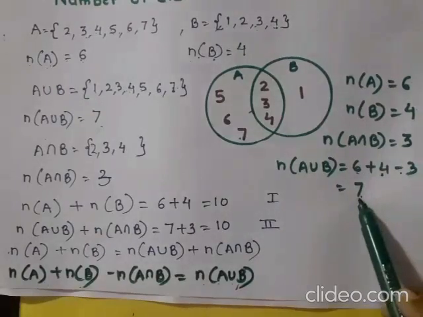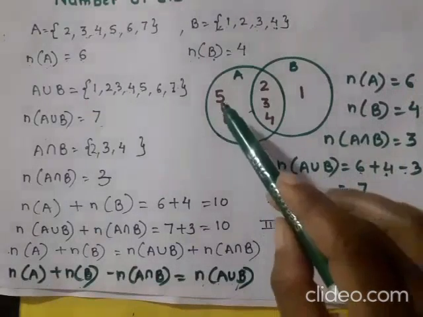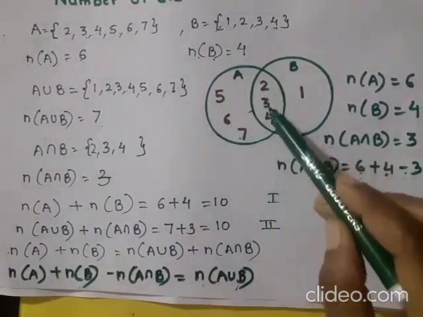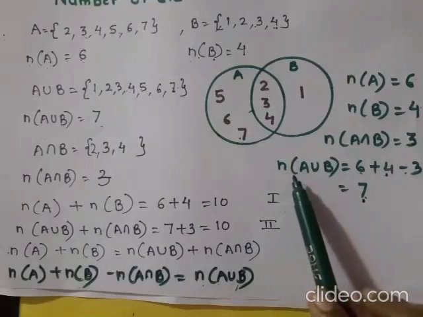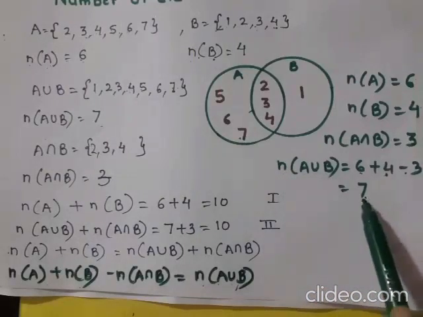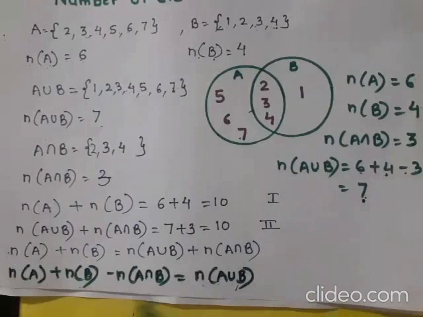Let us check whether there are 7 elements in total: 1, 2, 3, 4, 5, 6, 7. Yes, the number of elements in set A union B is equal to 7. Therefore, we can say the number of elements in set A plus the number of elements in set B minus the number of elements in set A intersection B is equal to the number of elements in set A union B.